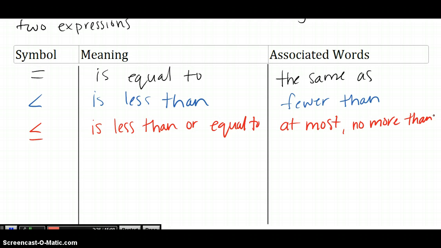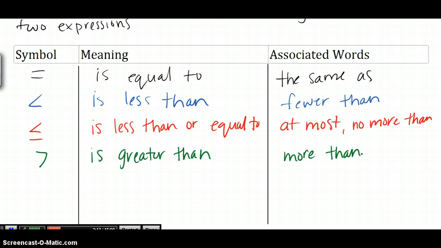It can't be over that. Then let's talk about greater than. The obvious one is if it says is greater than. It could also state more than. And if the sentence states more than, you're going to use the greater than symbol.